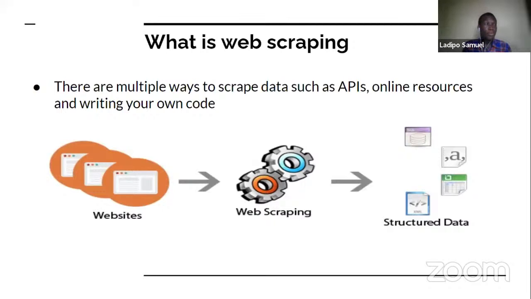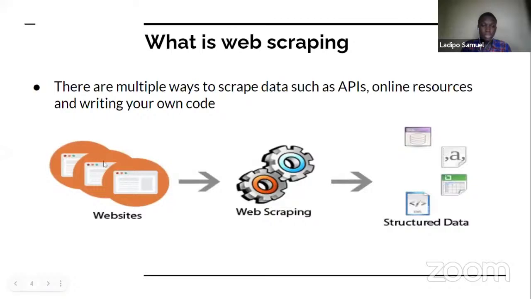Some companies don't like people scraping their website, so they provide APIs that we can use to access some data that we might need. And you can also write your own code. The best way to scrape is to write your own code, because you get exactly what you want. Although some sites don't allow it, you can still find a way around it.